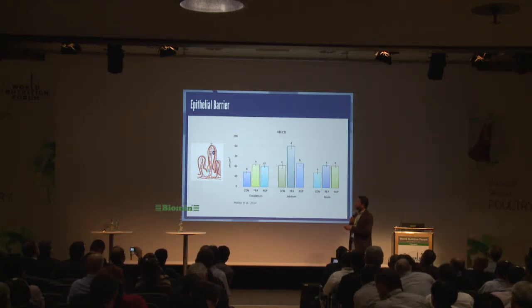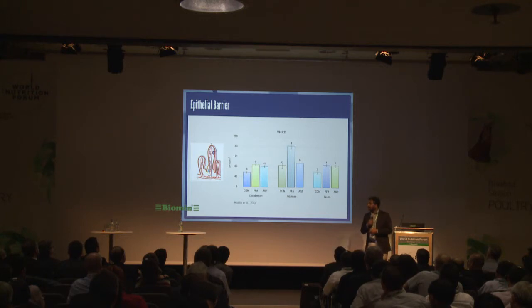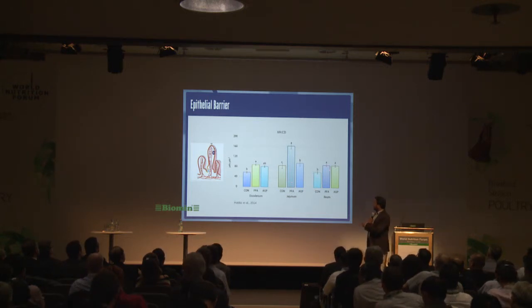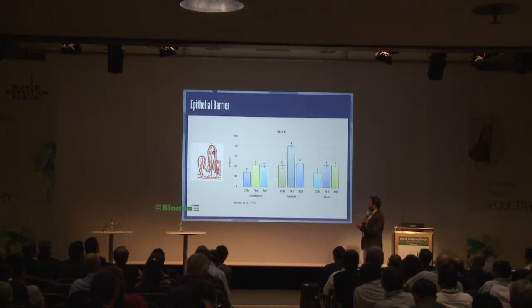That provides more surface area for the villus to absorb the nutrients, and also provides more protection on the epithelium. As I already mentioned, the phytogenic performed beyond the control and almost equivalent to the antibiotic growth promoter, or above it.